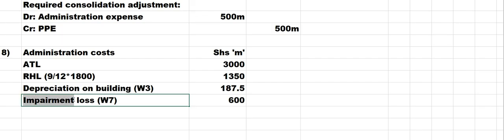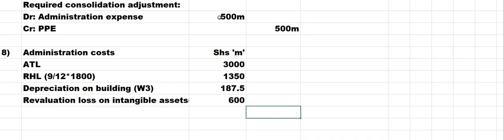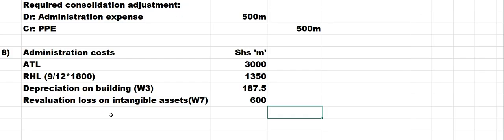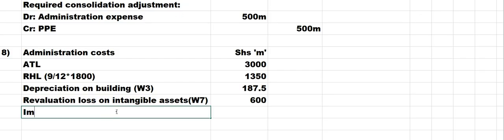Okay, you can call it revaluation loss stroke the impairment, but let us call it a revaluation loss on intangible assets. Impairment loss on the intangibles. Then there is also impairment loss on PPE.